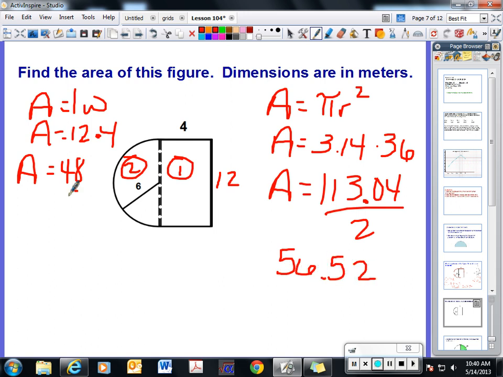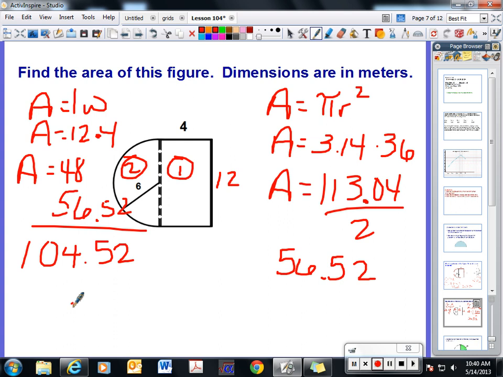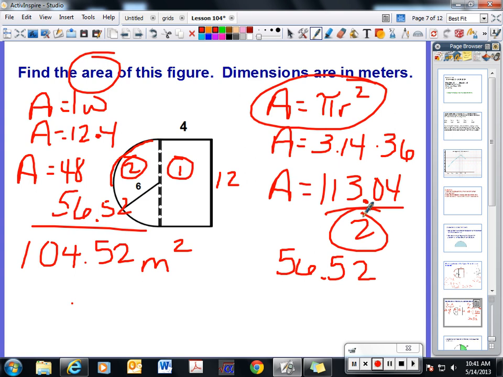We add that to the 48 for the rectangle. Oops, excuse me, that's 56, not 58. We add the two areas together, and we have 104.52, and it would be square meters because, again, we were finding area. So, to find the area of that semicircle, we just find the area of the whole circle like we did here, and then cut it in half.